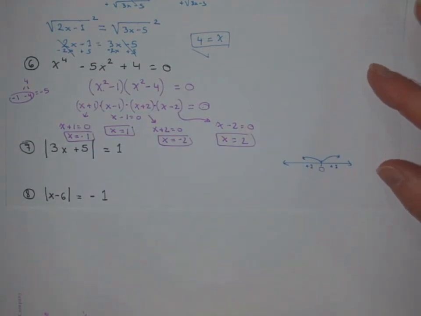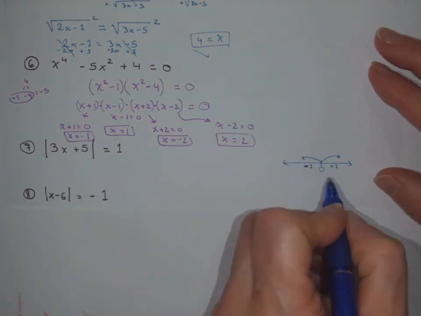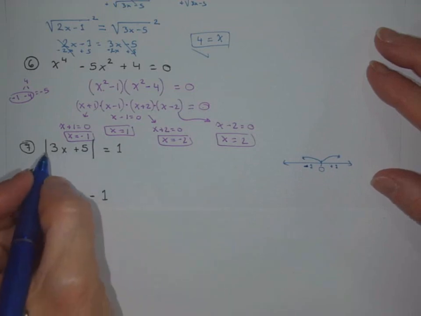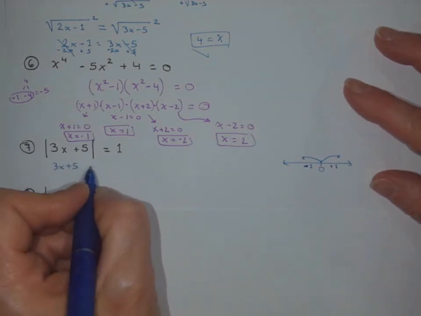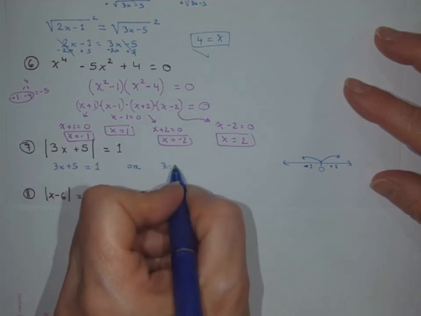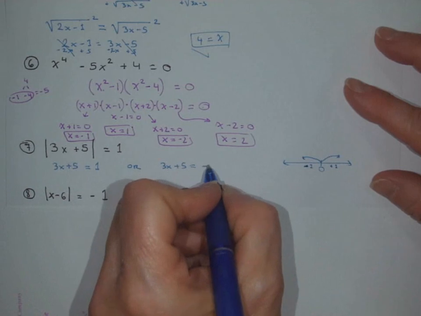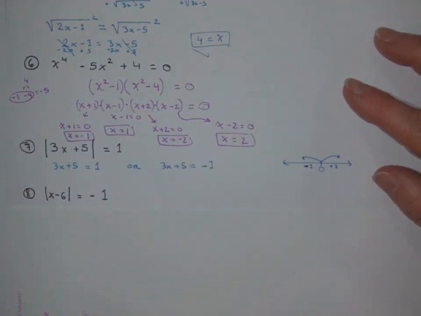So when we drop the absolute value, we have to realize it could be a negative 1 or a positive 1. So we drop the absolute value. We say that's the same thing as 3x plus 5 equals positive 1, or 3x plus 5 equals negative 1, because in both directions it will be 1 unit away from 0.